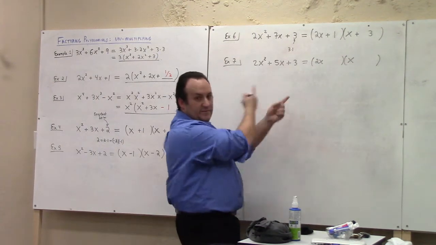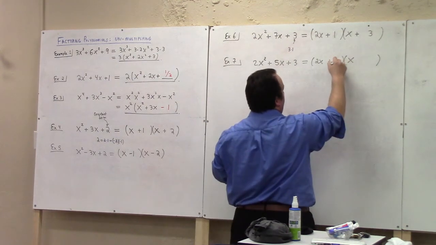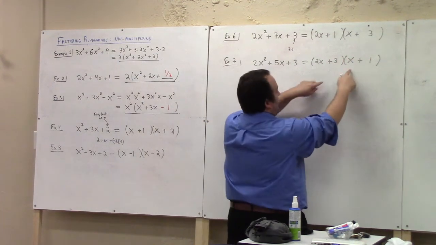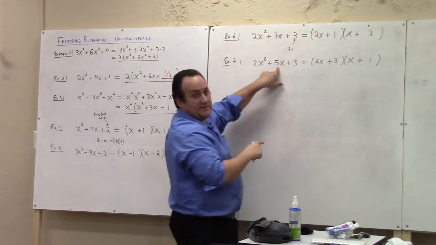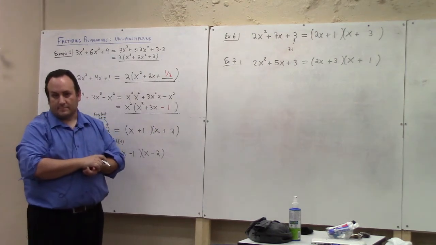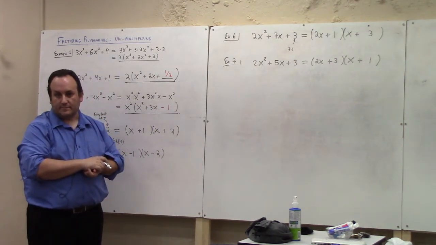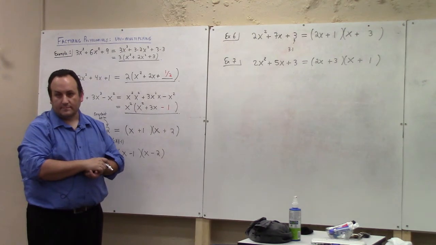We just flip the 3 and the 1 for this one, right? Because now 3x plus 2x gives me back that 5x. Is that good?